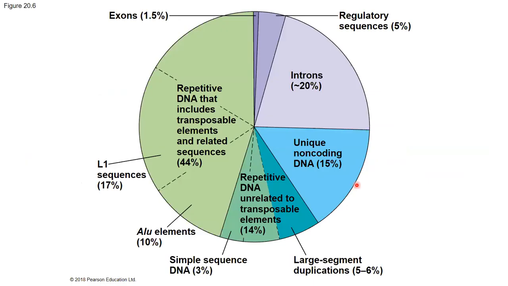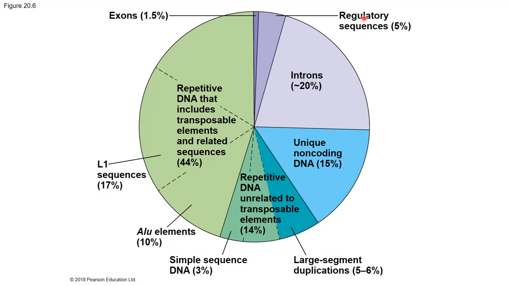We have this pie chart that shows the types of sequences that are found in the human genome. As you can see, exons only represent around 1.5%.